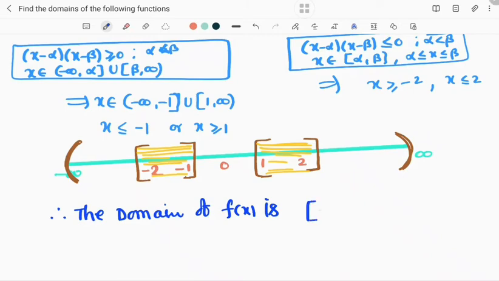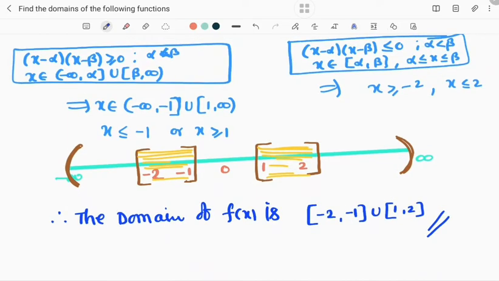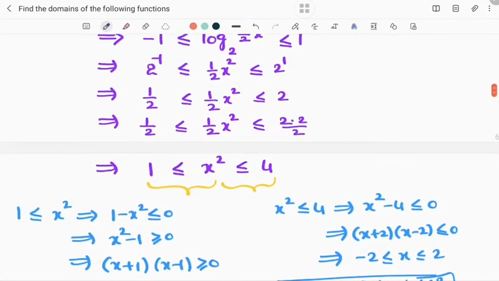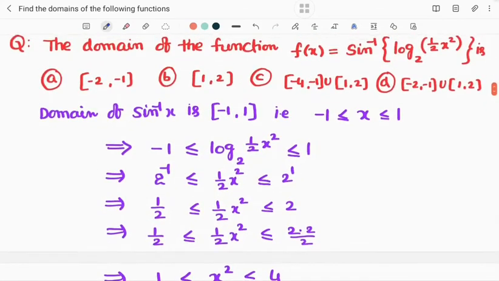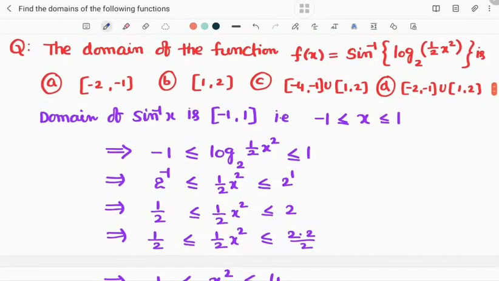Closed minus 2 to closed minus 1 from here to here, union closed 1 to 2. That's all. So which is there in the fourth option. We'll move to the next one.